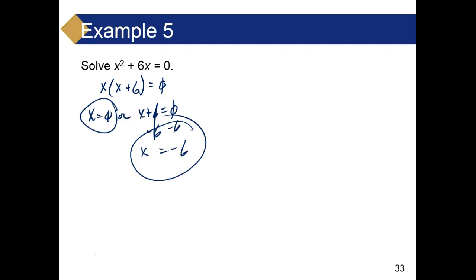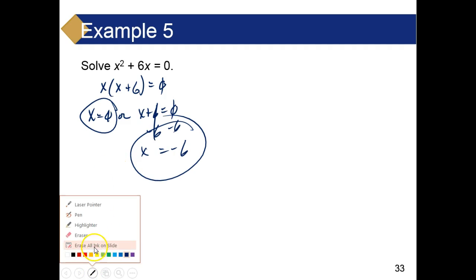There aren't any more. Occasionally you'll have polynomials that give you 1 solution or 0 solutions, but you can't get more than 2. So if the maximum exponent is 2, we usually look for 2 solutions. If we can't find them, it's fine. But if you get 2, quit. You've got enough.